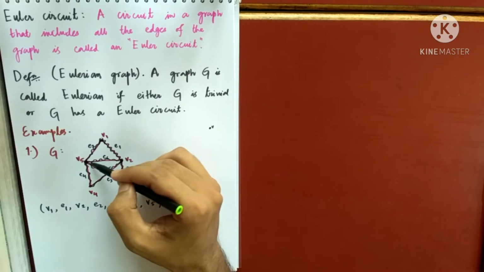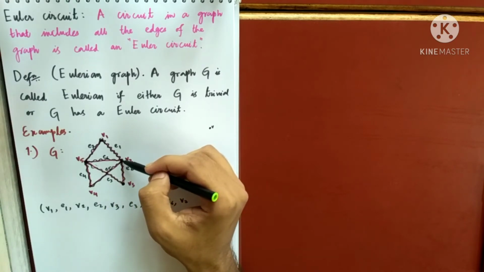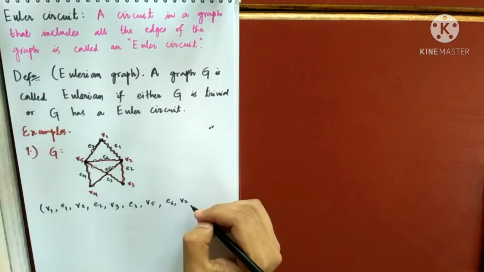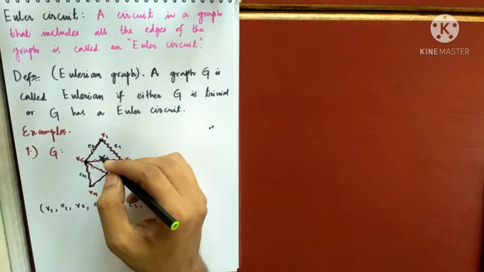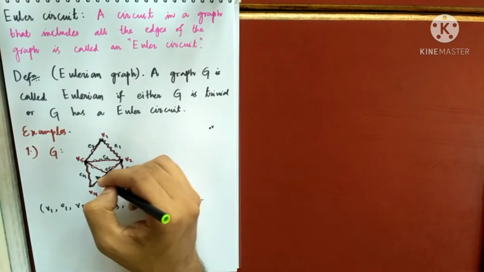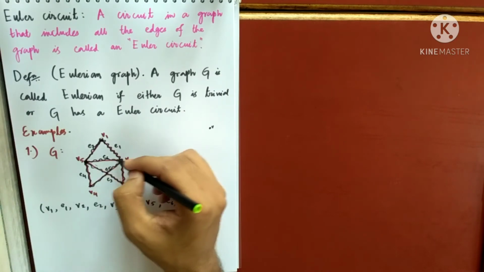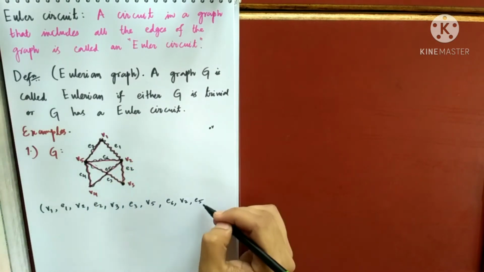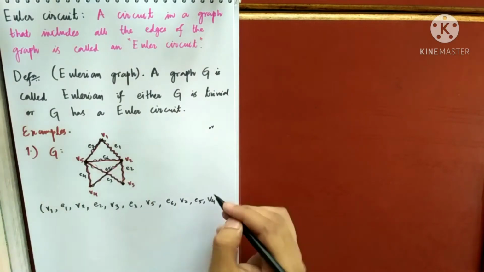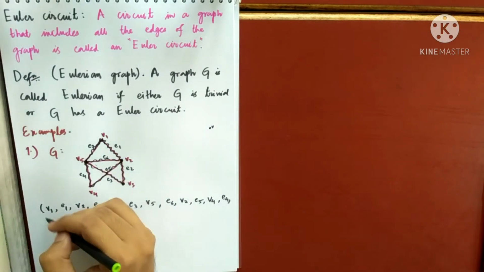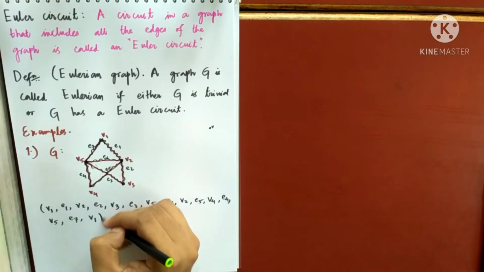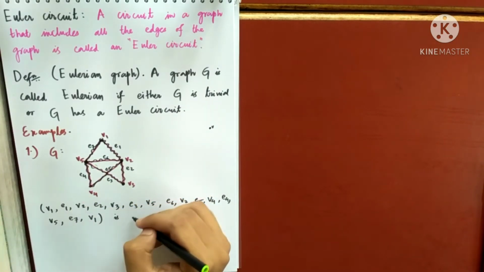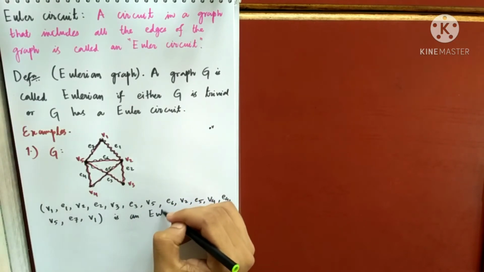This, then this. That means V2 to E5, E5 to V4, and then E4 to V5 to V1. So see, this is an Euler circuit.